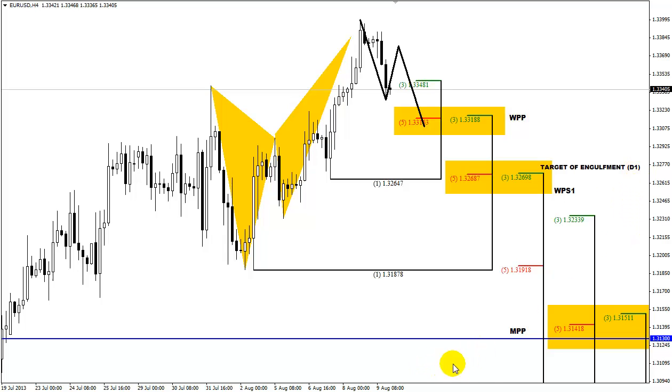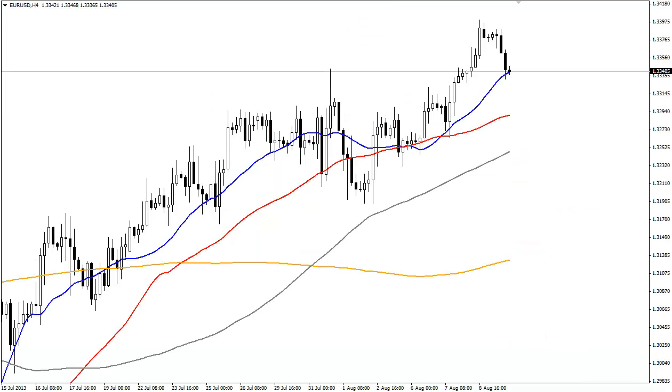But we also have here on the same zone the 100 period moving average on the 4-hour time frame, and usually this moving average holds the market, as you can see here. All right, usually when the market is in an uptrend, this MA holds the market.